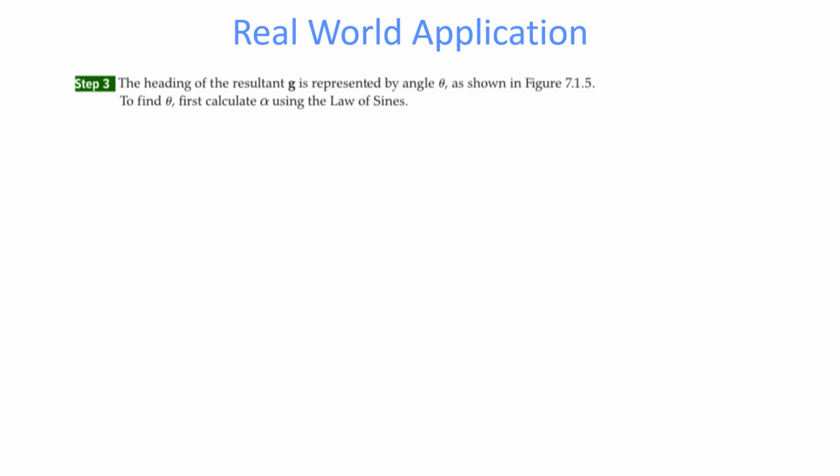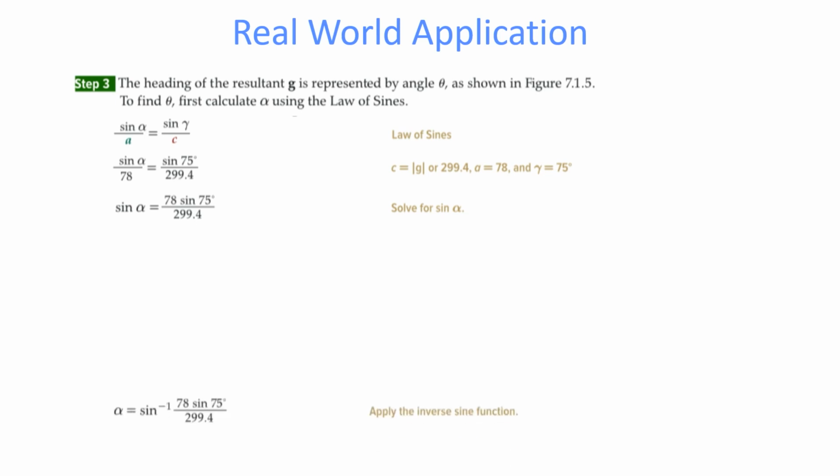We now know the ground speed of the plane, but the resultant angle we can find using the law of sines. Here is the law of sines formula, and if we plug the numbers in again and follow it through and take the inverse sine, we get the answer of 14.6 degrees.